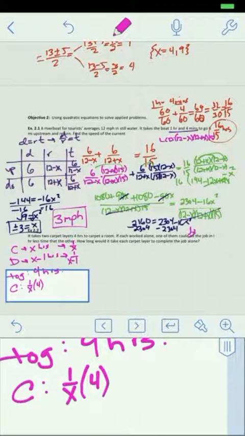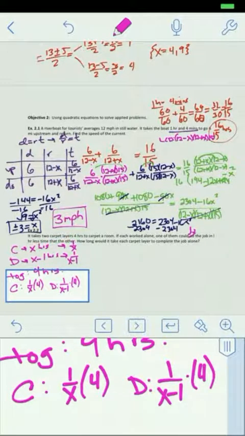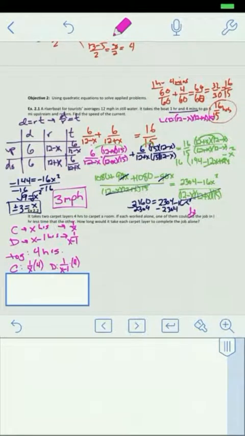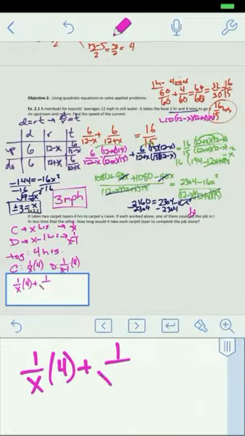And then Dan's is going to be 1 over X minus 1, his work rate per hour, times the 4 hours. That's how much they're going to get done individually. And then together, Carla and Dan working together will get the 1 whole job done.